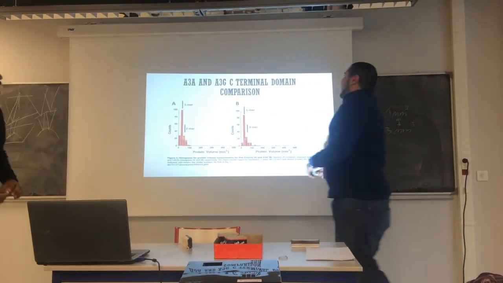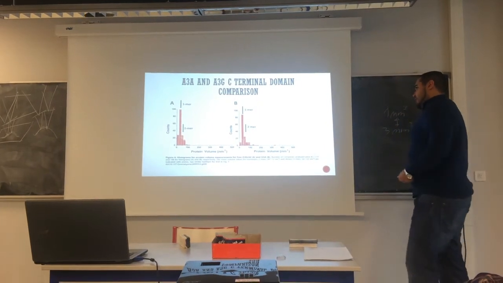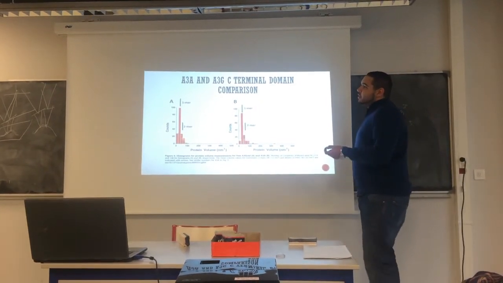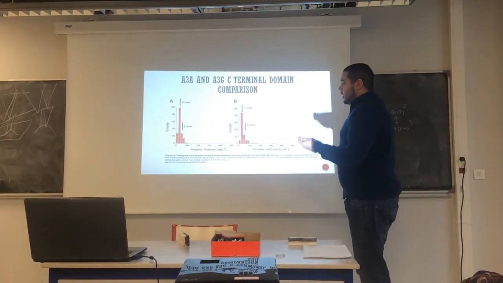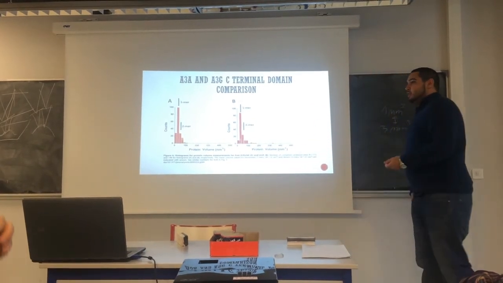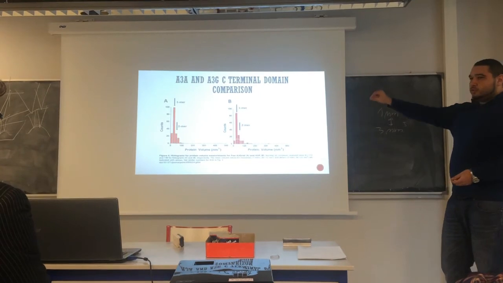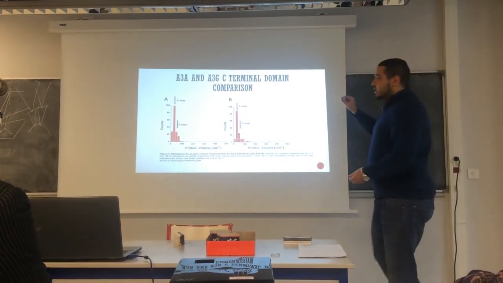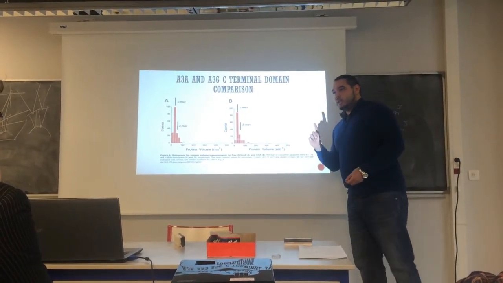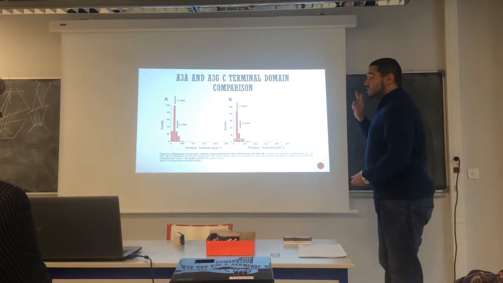Now, this is where it got kind of interesting: they tried to compare A3A and A3G. If you remember what my colleague Venkat said, the difference between A3A and A3G at a structural level is that A3A only contains one single zinc coordinating domain, whereas A3G contains 2.